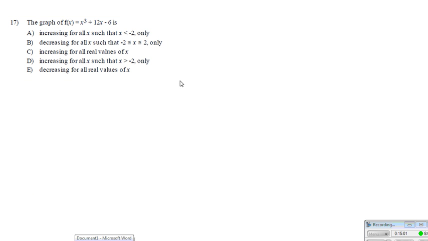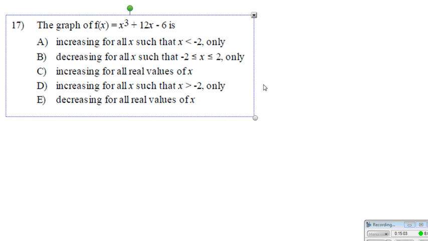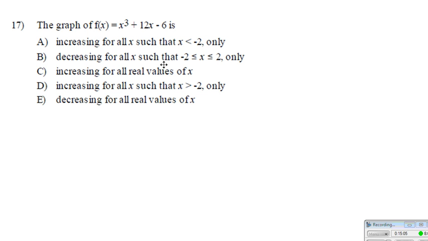Now, here we have the graph increasing, now decreasing, increasing, and decreasing. So basically what we're looking for here is taking the derivative of this function. So let's try to do that. And f prime here is equal to 3x squared plus 12.